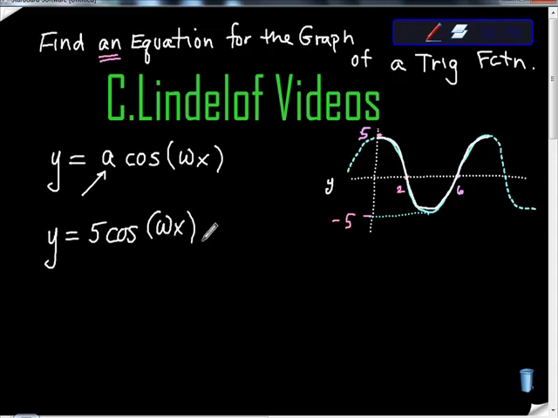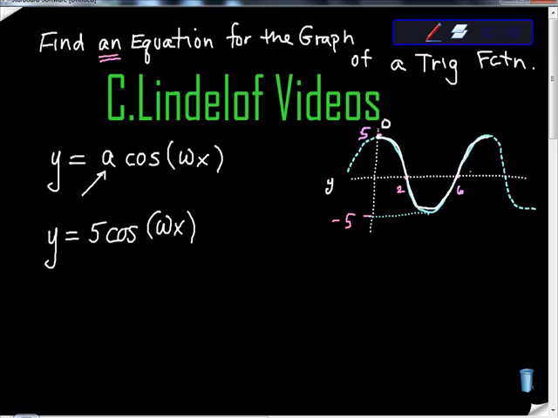So we're kind of on our way through this. When we're working from a graph back to an equation, we do exactly the opposite of what we would normally do. Normally, going from equation to graph, we try to figure out what the period is. But here we know what the period is. The period is the distance of one cycle.